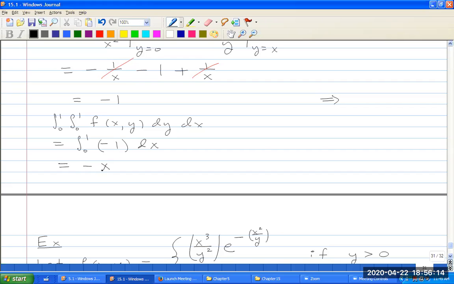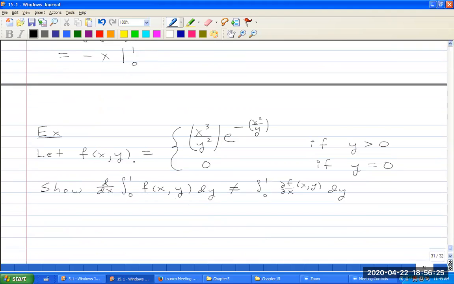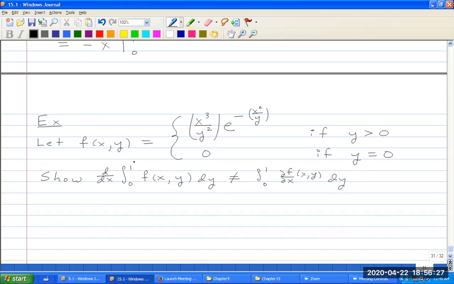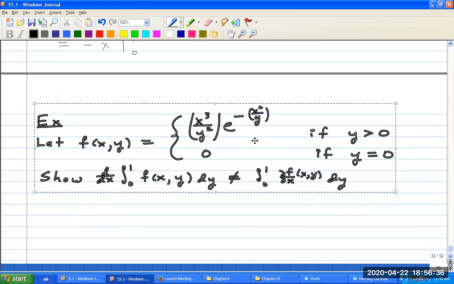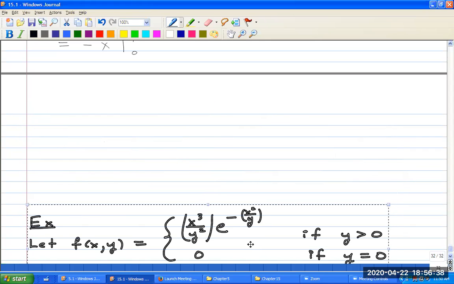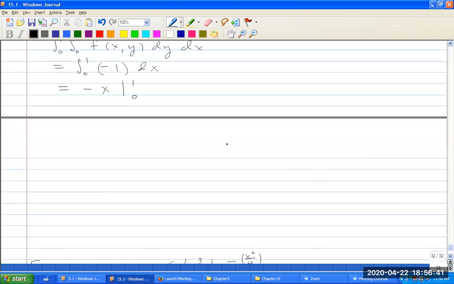So this is a negative x between 0 and 1. So this is just equal to negative 1 minus 0, which gives me a negative 1.